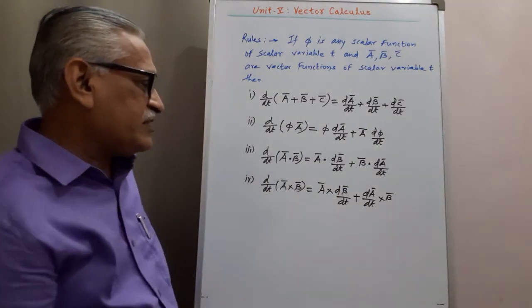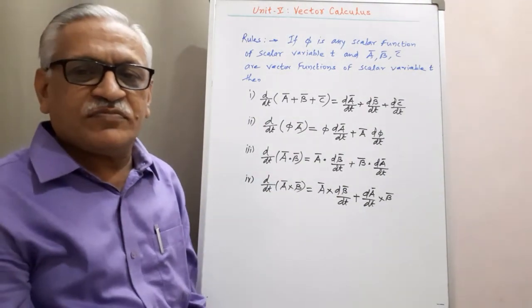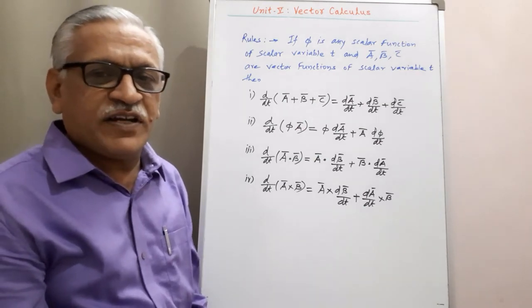In a dot product we can perform in any order, no problem, we get the same value.